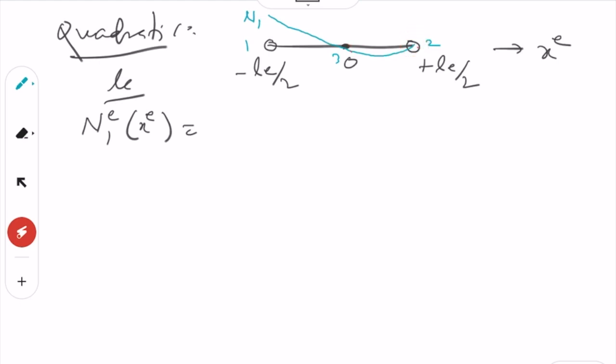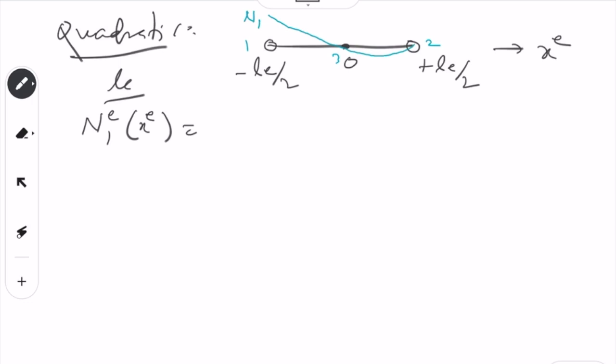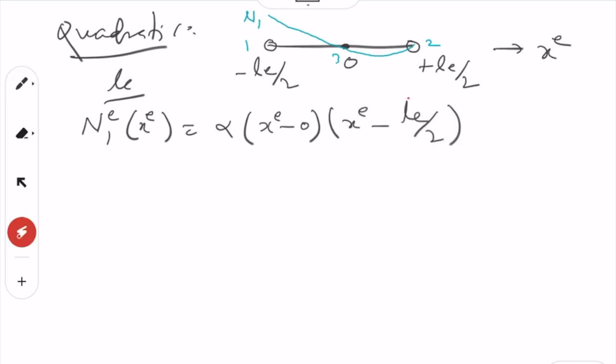We know the factors now, so this will be equal to, let us say, alpha multiplied by xe minus 0, the first root, multiplied by xe minus Le over 2, the second root.